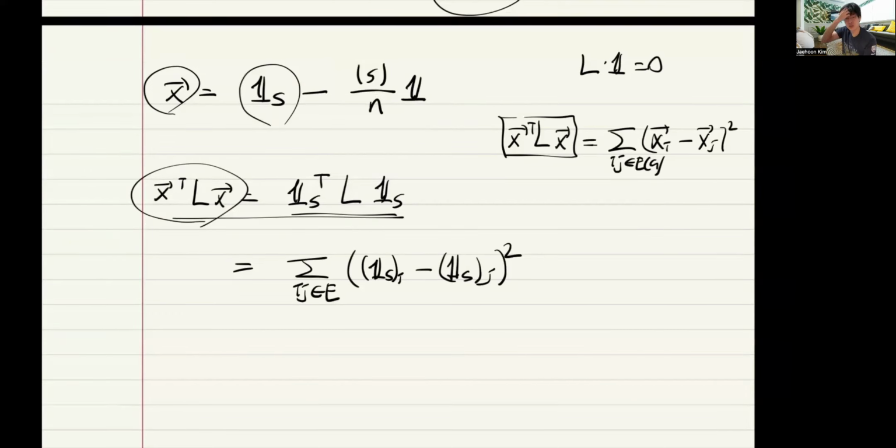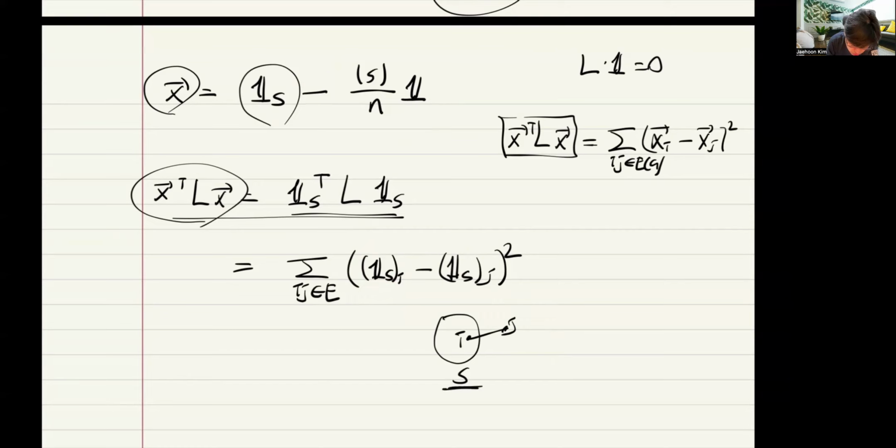But what do we know? This term disappears if both of them are 1 or both of them are 0. They survive only if one is in S and one is outside of S. So if this edge is sticking out from S to outside, then this survives.